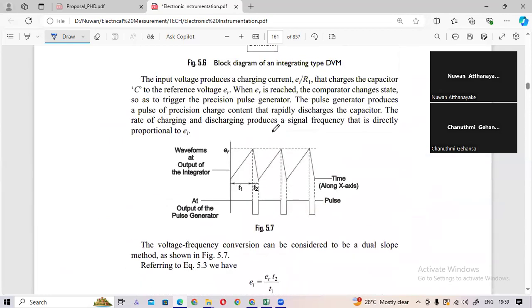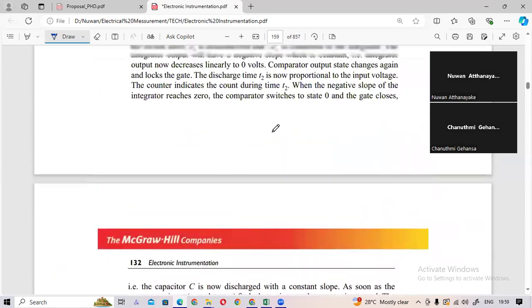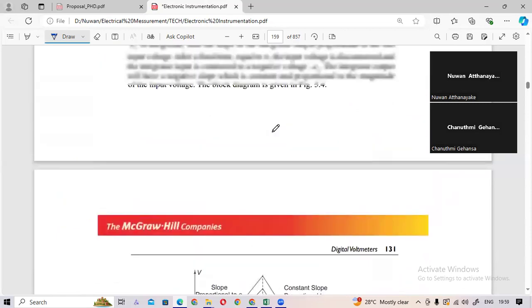So that is one method. I think no mathematical calculation will come.